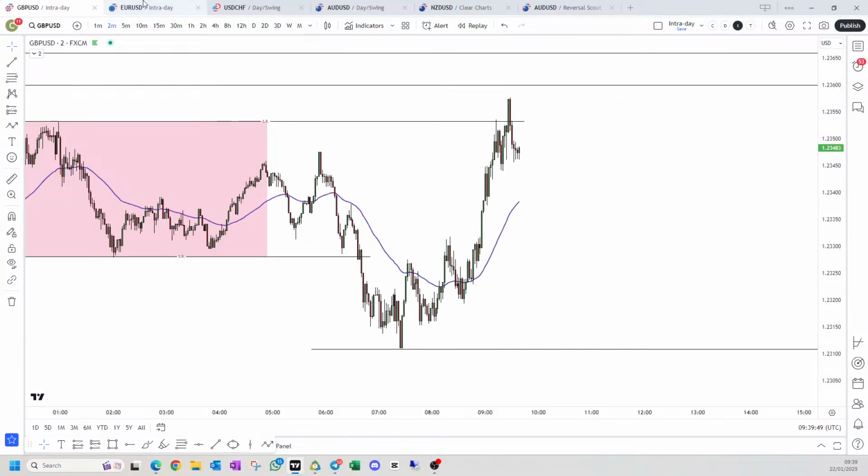EU, let's do the same. We can get rid of this on our intraday. Likewise with this.